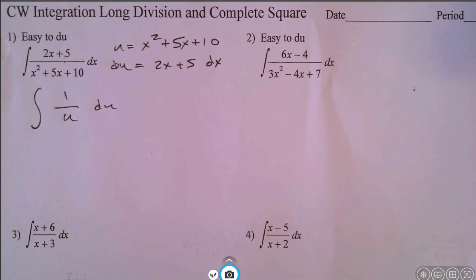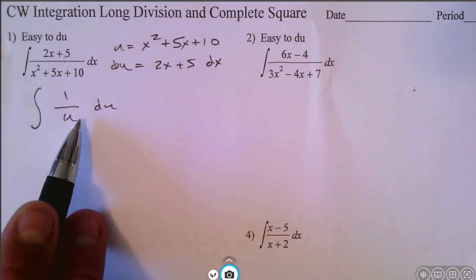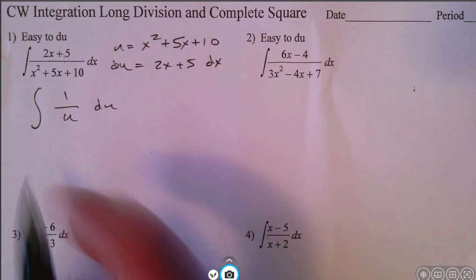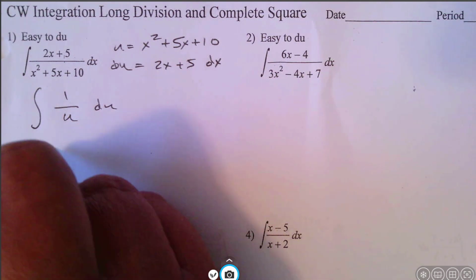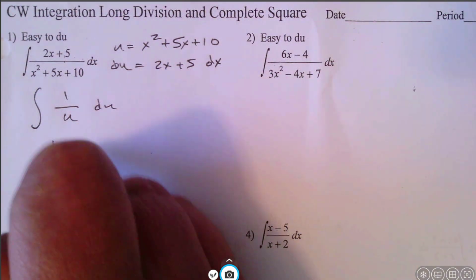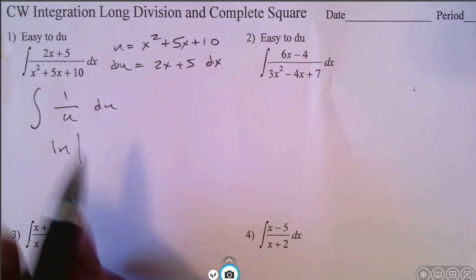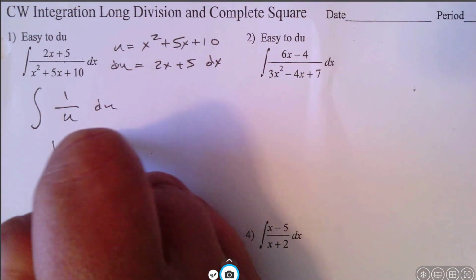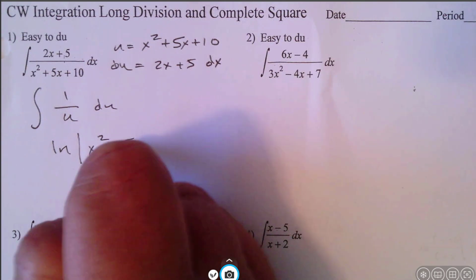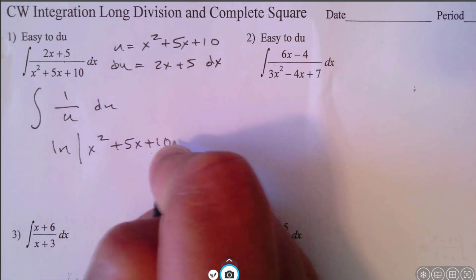And now we should be able to integrate this, take the antiderivative with respect to u. 1 over u, the antiderivative is going to be natural log of the absolute value of u. And if you want to, you can just simply replace the u right away as x squared plus 5x plus 10.